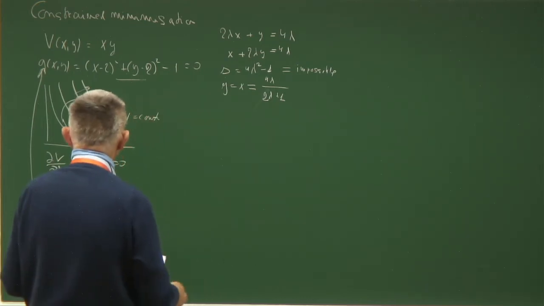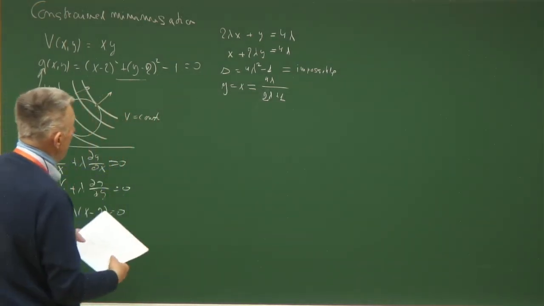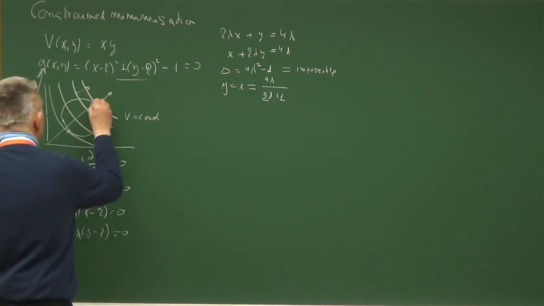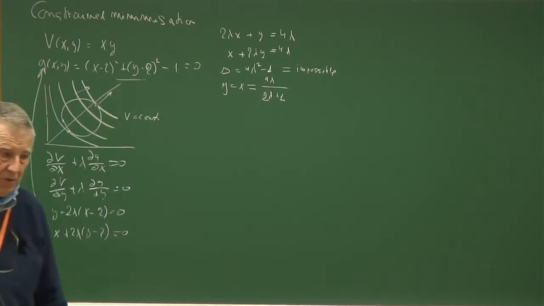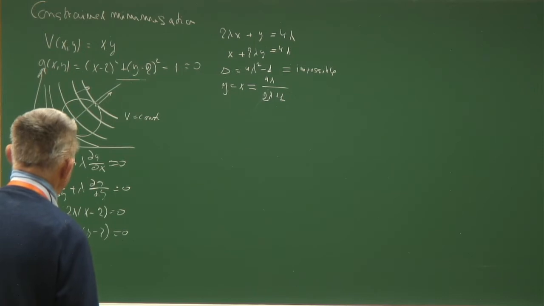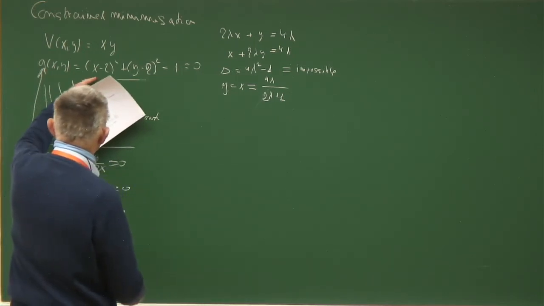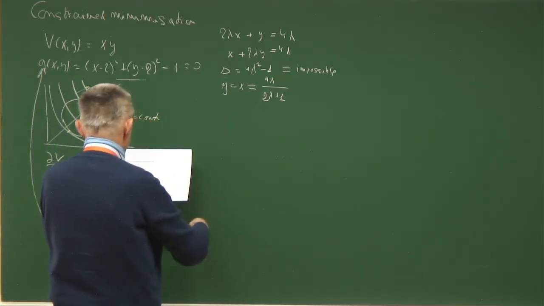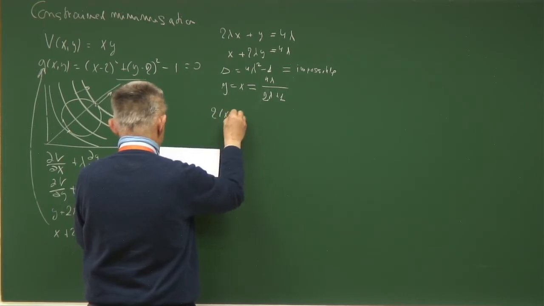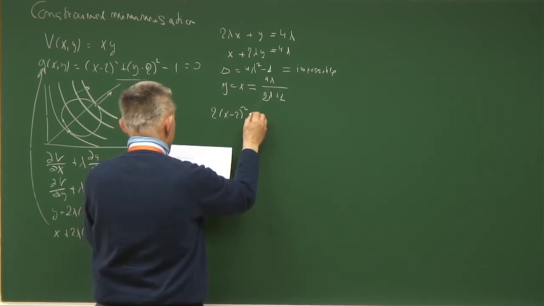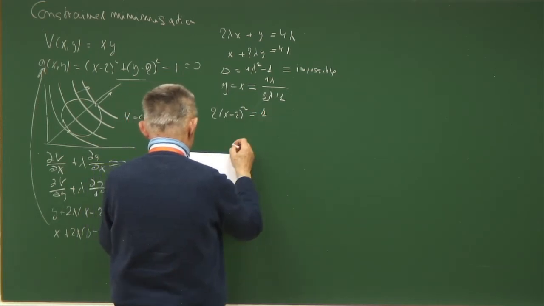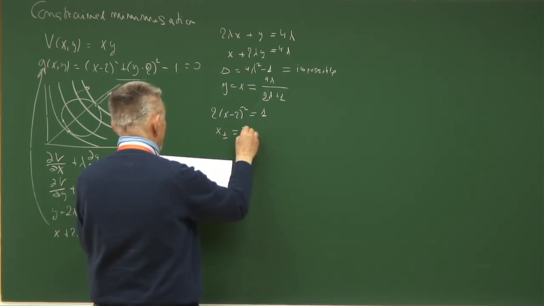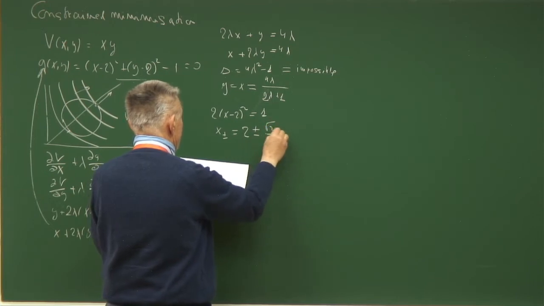So now, because the whole problem has a symmetry with respect to this line. So now, taking this together, you get (2x minus 2) squared equals to 1, and this gives x equals 2 plus minus square root of 2.